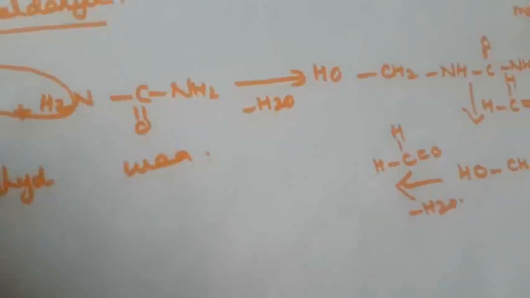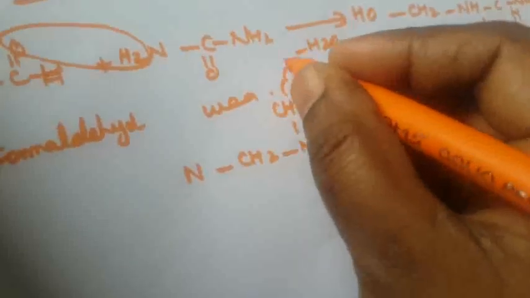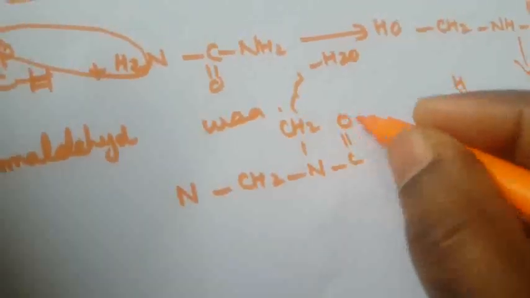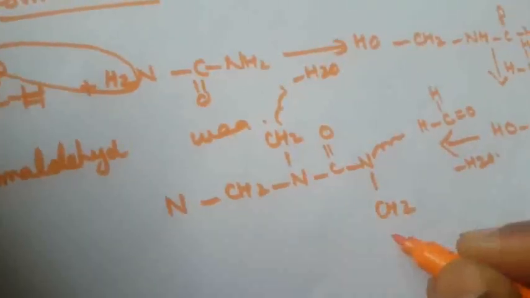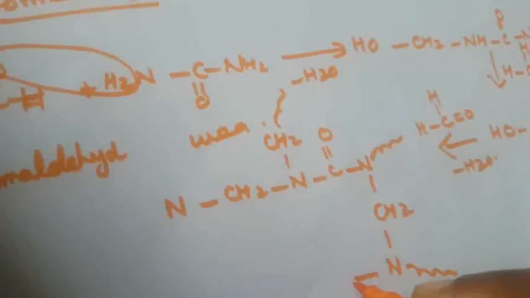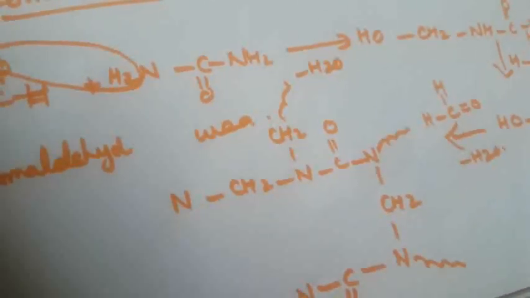Urea formaldehyde polymer will be formed, with N, CH2, N, C double bond O, N, again CH2, N, C double bond O, N, and so on.